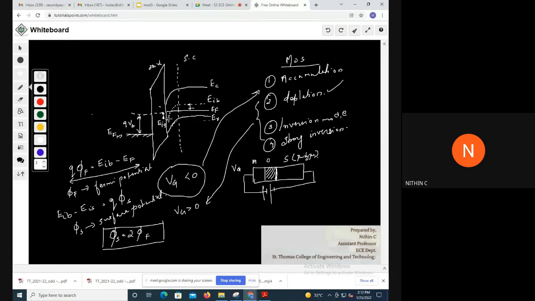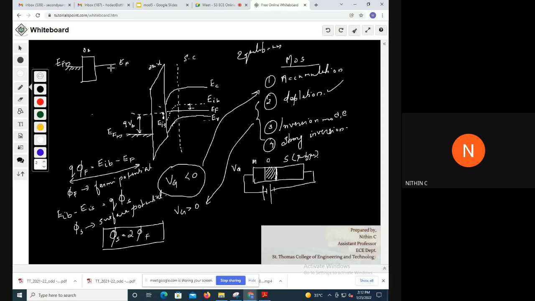I hope the 4 modes are clear. And along with this, you will be asked to draw the equilibrium mode also, which you already know. You just need to align the Fermi level of the semiconductor and the Fermi level of the metal. This will be the equilibrium level. I am repeating this because it is very important. EFM will be at the oxide level, and you have EF on the same line.